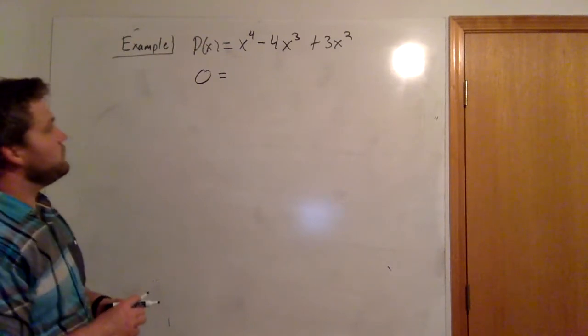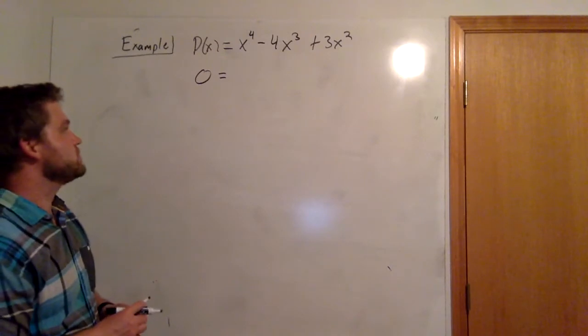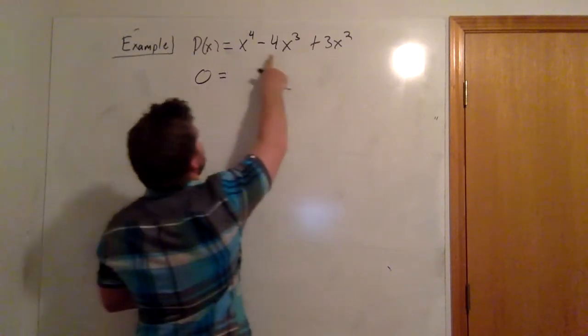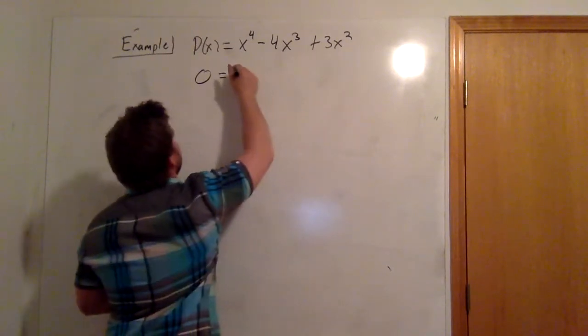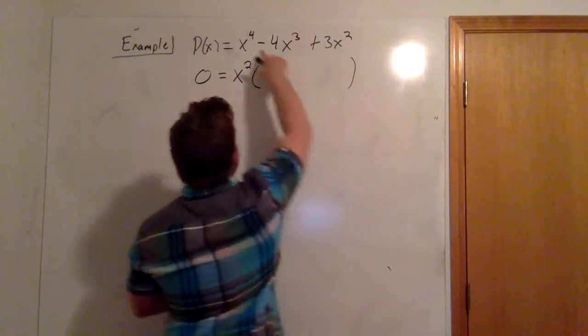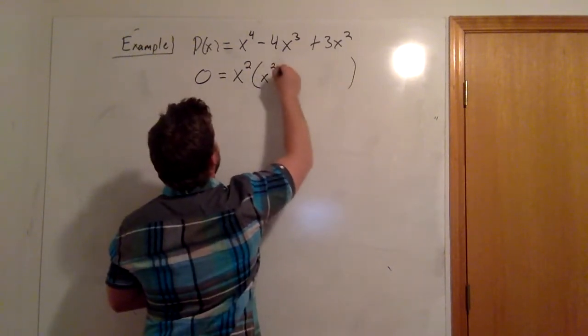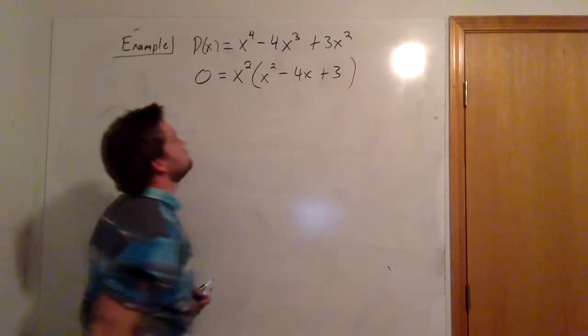Okay. So the first thing I'm going to do is try to factor this. I want to know when the output of this is 0. When I look at these three terms, I should recognize that they have a common factor of x squared in them. So let's factor out an x squared. What I'm left with in the parentheses is x squared minus 4x plus 3.